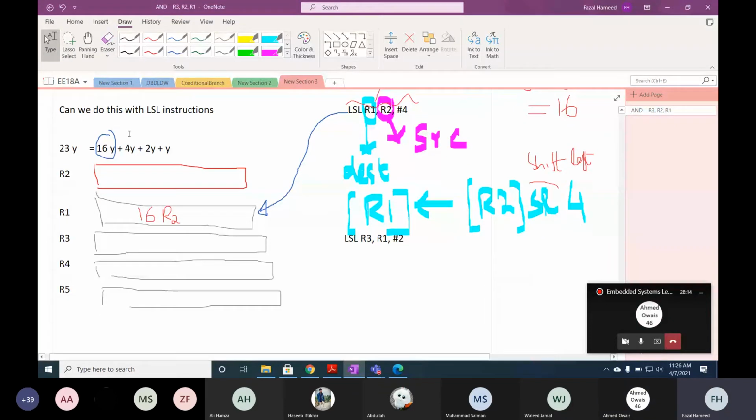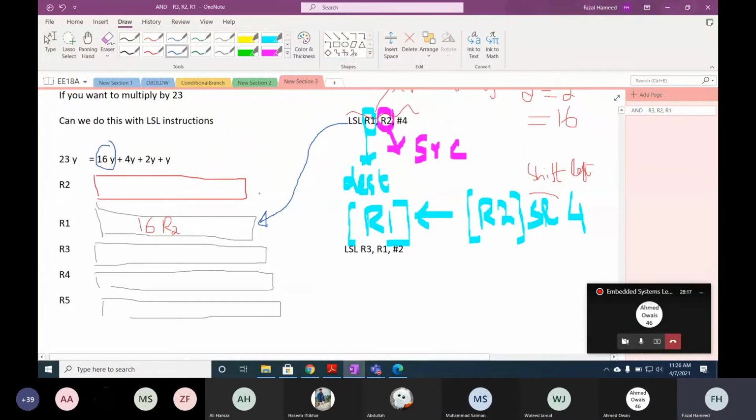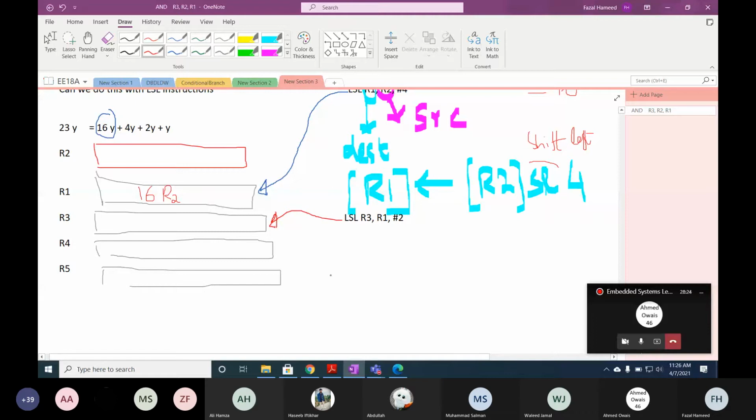So we want to perform a shift of 2. Now what will be the value of R3 after the execution of this instruction? R3 will be equal to the contents of R1 multiplied by 2 raised to power 2.